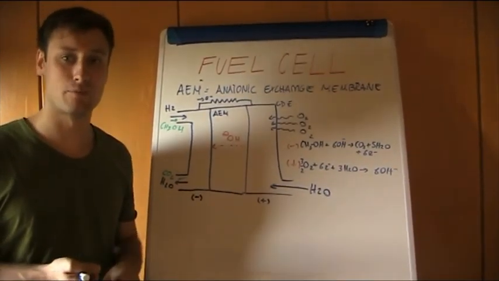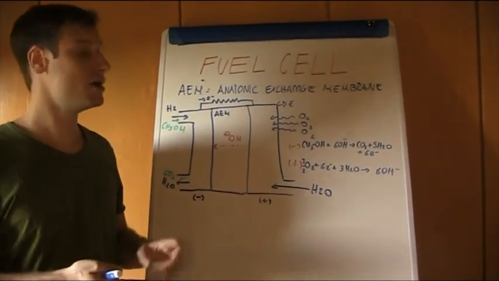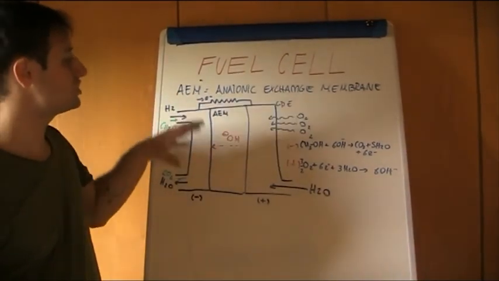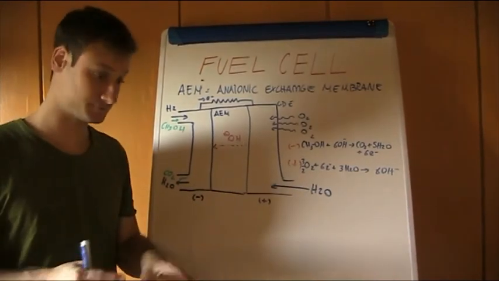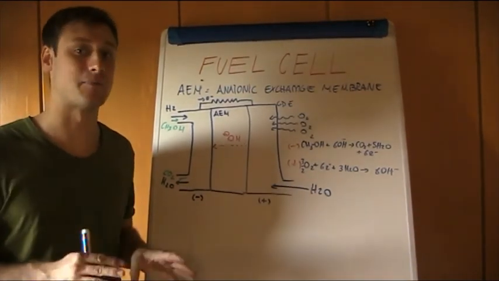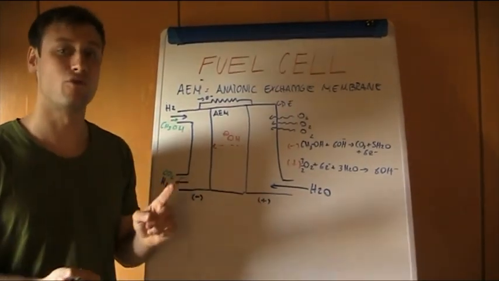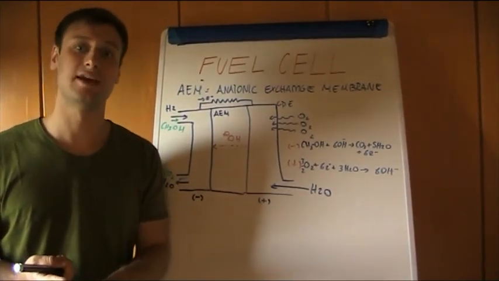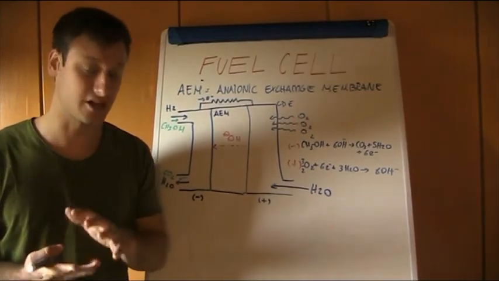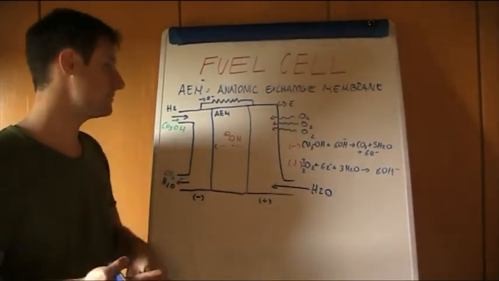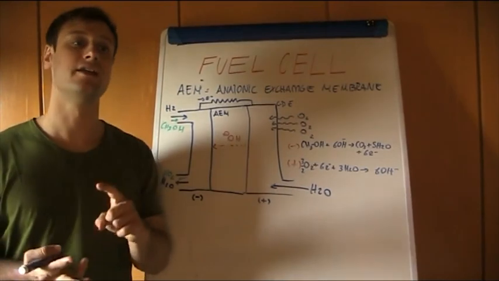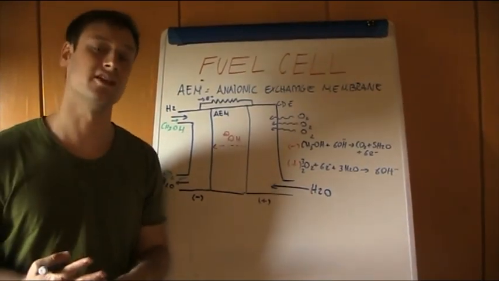We can have some evaporation of water and so on. So the use of an anionic exchange membrane has completely replaced that type of technology, because we are able to limit the methanol crossover, we are avoiding the carbonylation effect, and at the same time we have a much better control in the management of water.